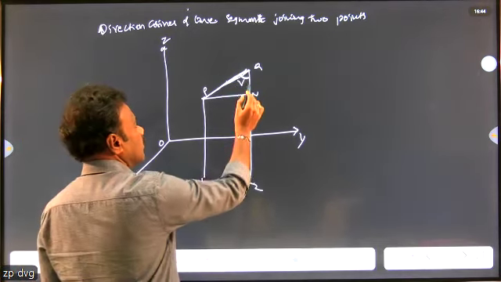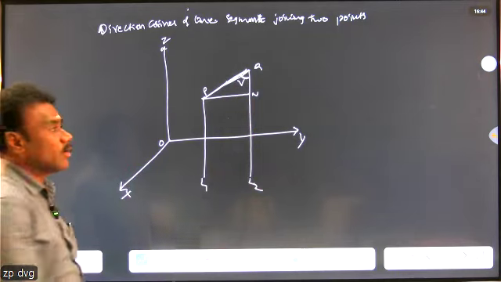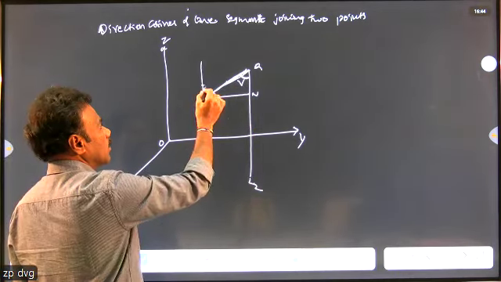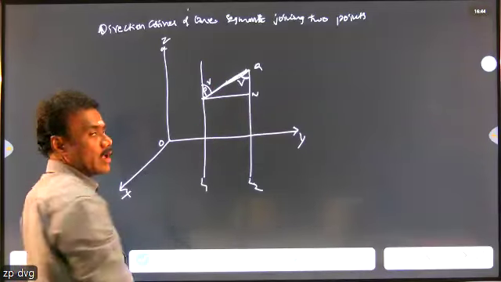If this angle is gamma, then this angle also becomes gamma.